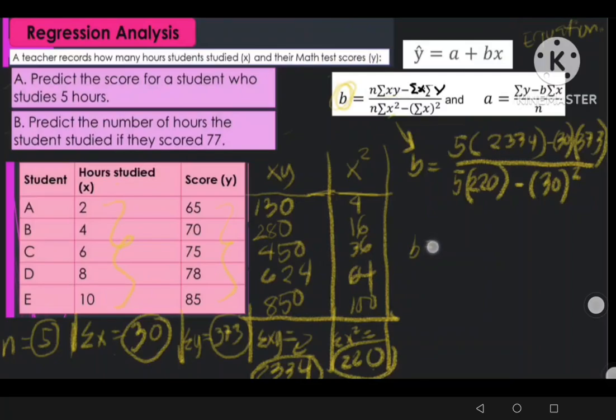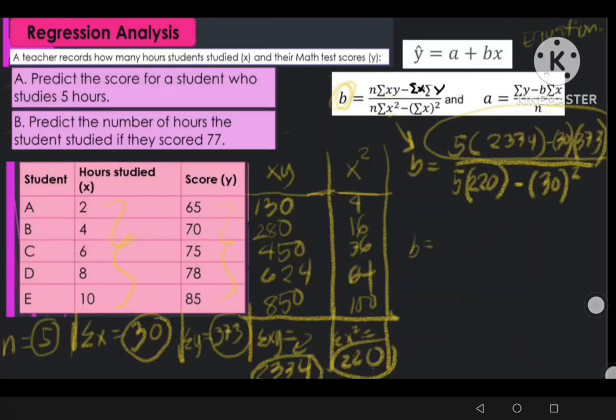So if we're going to calculate that, unahon na nato ang ibabaw nga portion. Dari sa ibabaw. So 5, using your calculator, i-input ang tanan, apilang parentheses, 5, open parentheses, 2, 3, 3, 4, close parentheses, subtraction, open parentheses, 30, close parentheses, and then open parentheses again, 373, and then close parentheses, equal sign, you come up with 480 in our numerator.